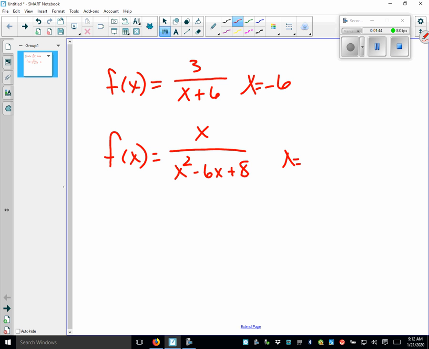What is it? It is X equals 4 and 2. X equals 4, X equals 2? Do we agree? Can I go 4, 2? That would not be wrong.